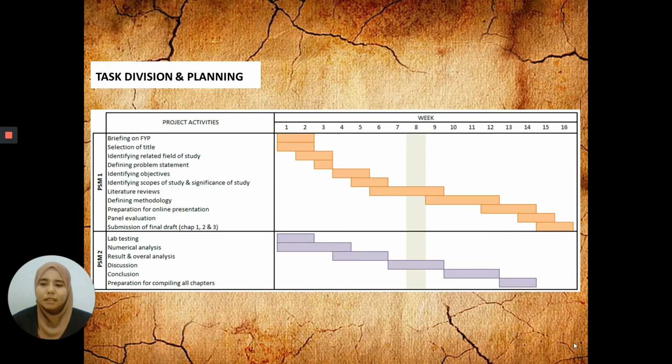Here I attach my planning for PSM1 and PSM2. For PSM1, I cover tasks starting from the briefing of FYP, and then the selection of title, identifying the related field of study, defining the problem statement, objective, scope of study, literature review, and methodology.